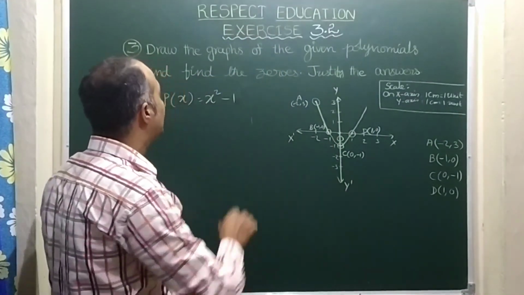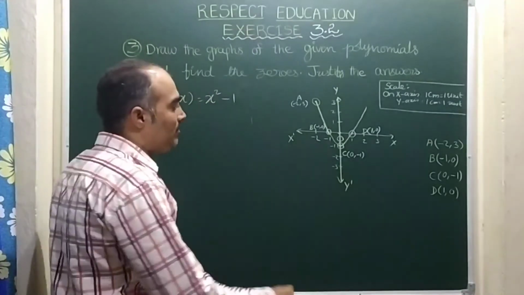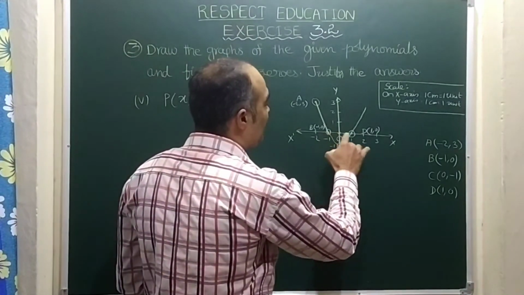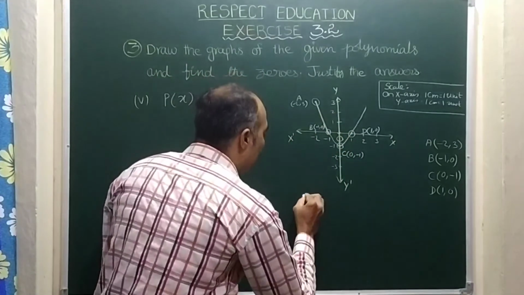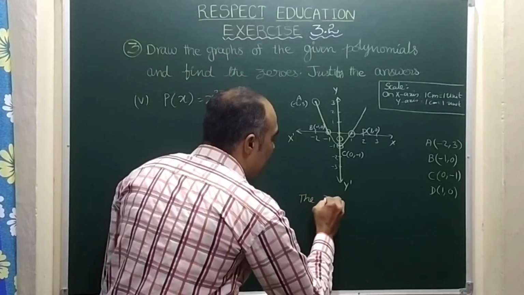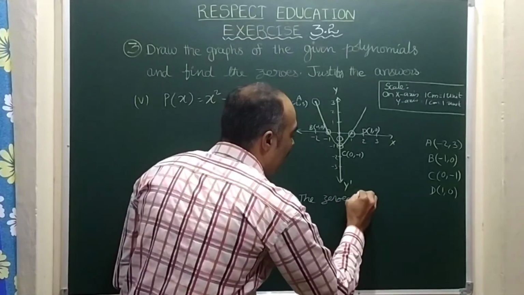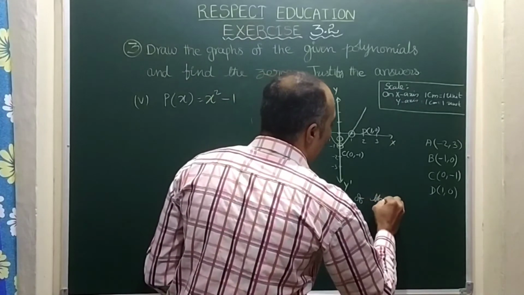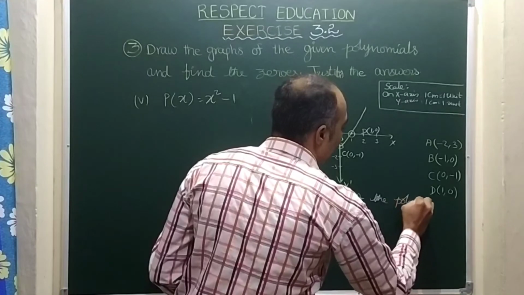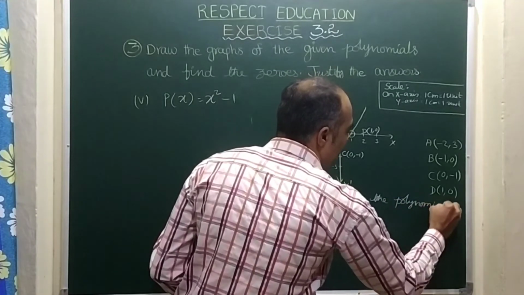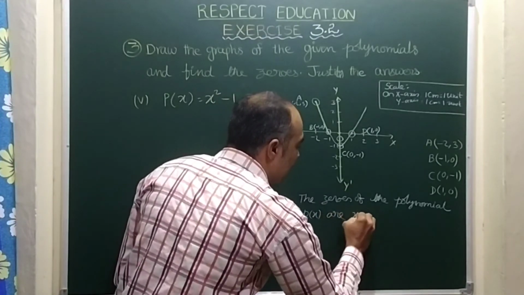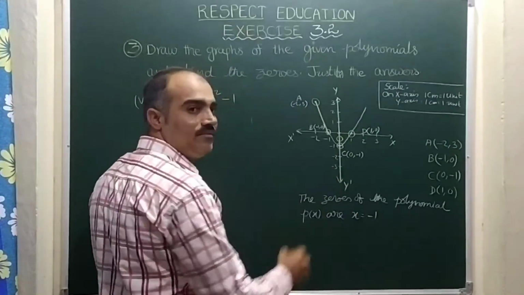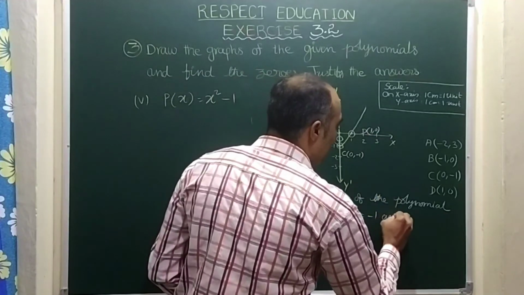Now the second thing is that we need to find the zeros. From the graph here you see, children, the graph intersects at minus 1 and plus 1, so those are the zeros. So let us write now the zeros of the polynomial P of x are x equal to minus 1, see, and x equal to 1.